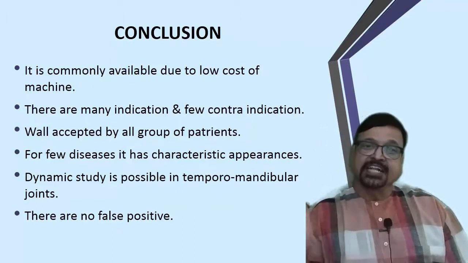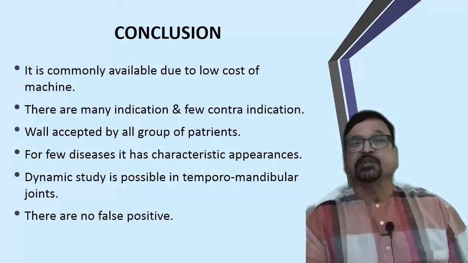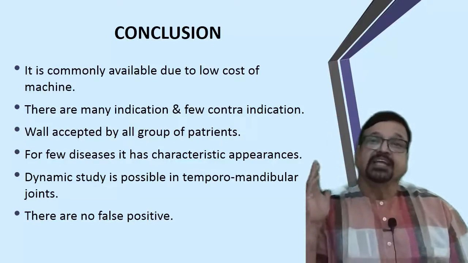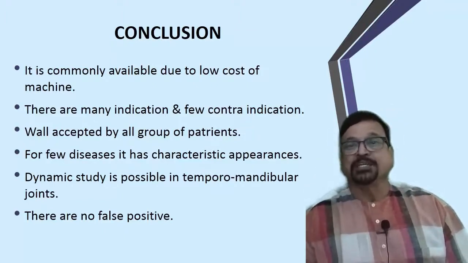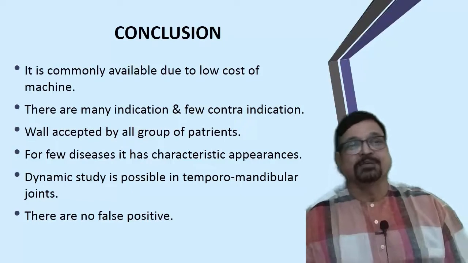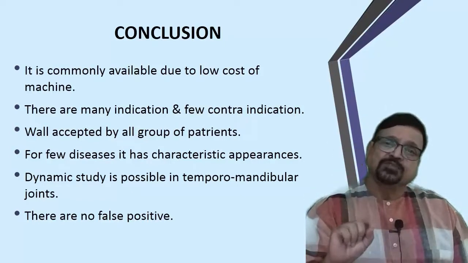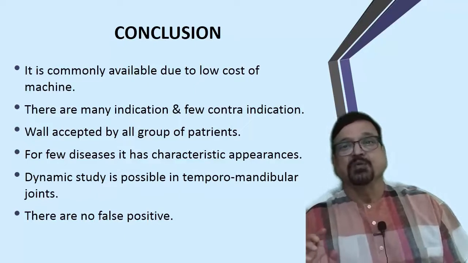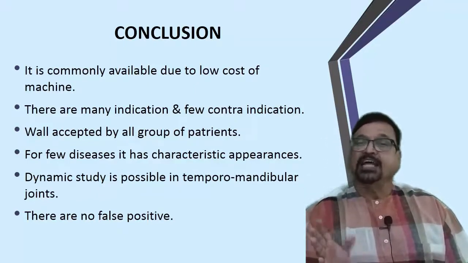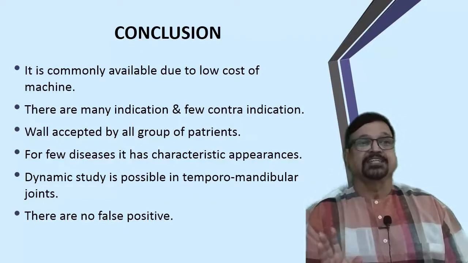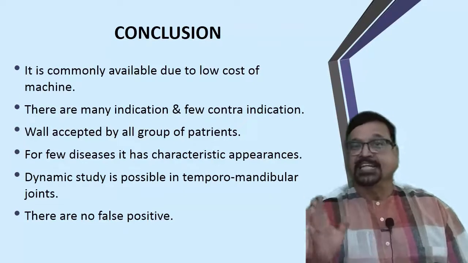Absolute contraindications are because of the radiation and because of the patient's technical reasons, for example he cannot stand. Otherwise it is accepted by the majority of patients. There is no complaint whatsoever after the OPG as far as the technique is concerned. Many diseases have characteristic features which can be picked up on OPG, and it can be really helpful in planning surgeries for oncosurgeons by staging the cancer.